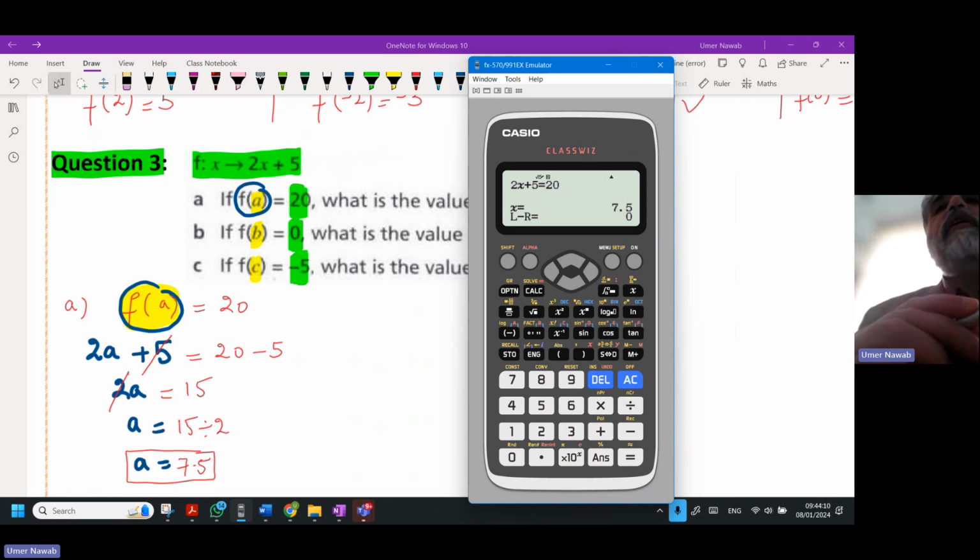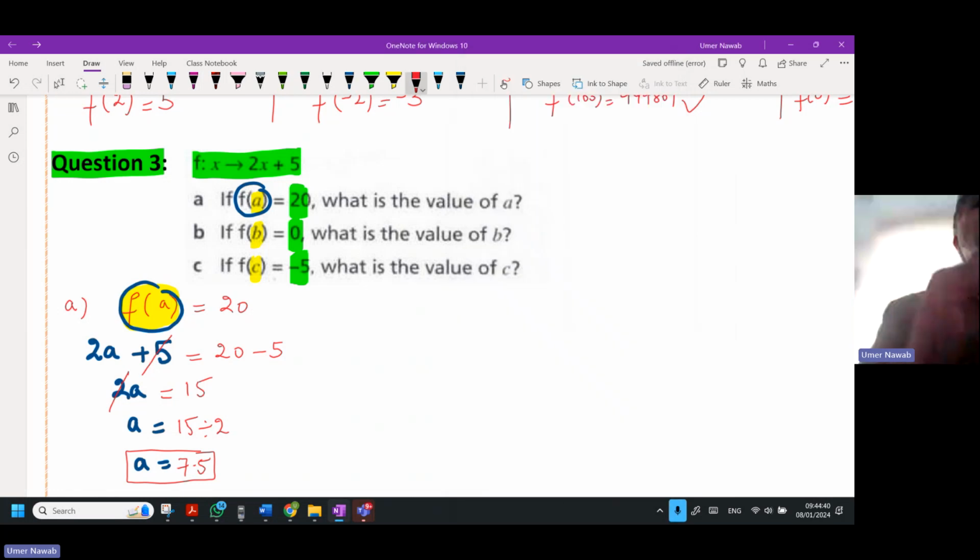When you press the equal sign, the calculator shows left minus right is 0, and my solution is 7.5. Did I get the 7.5 answer? So students can verify their answers from the calculator in the exam when the output is given. So you solve this equation by using equation solver. This technique is using the calculator by equation solver. I can find my input.